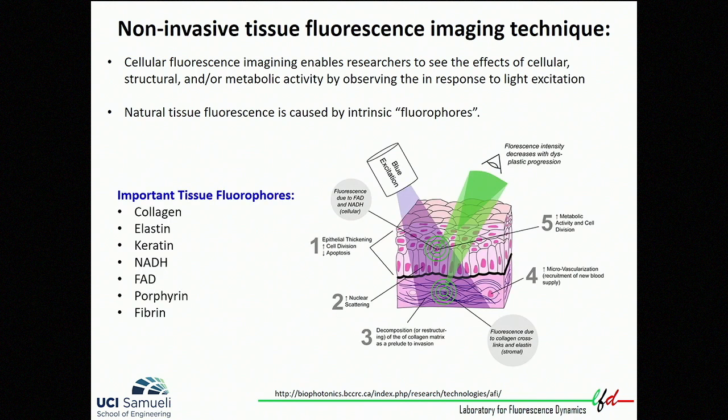And if we use different approaches, let's say if we're using an excitation of blue light, we're able to actually visualize the structure within the tissue stratum. So within the tissue, there are natural fluorescence properties, or fluorophores, and they consist of specific types of fluorophores. So here you can see collagen, elastin, keratin, NADH, FAD, porphyrins, and fibrin.